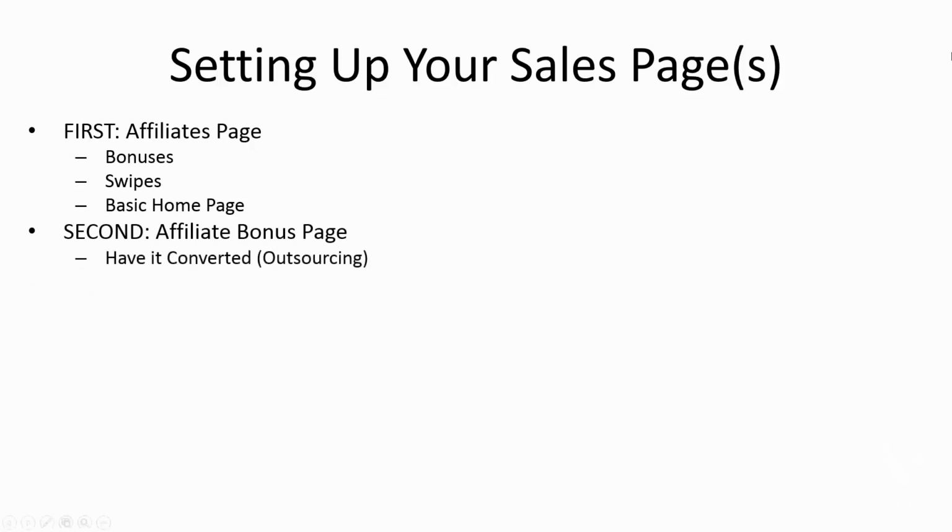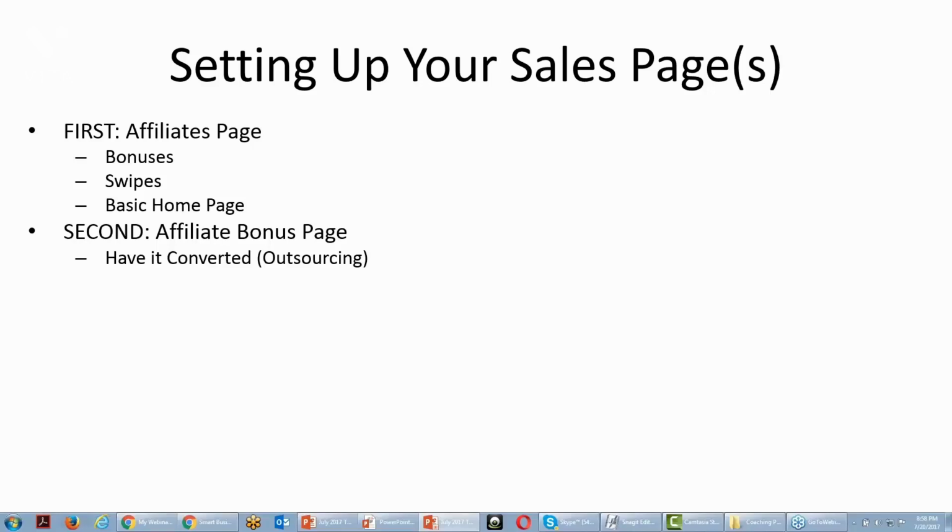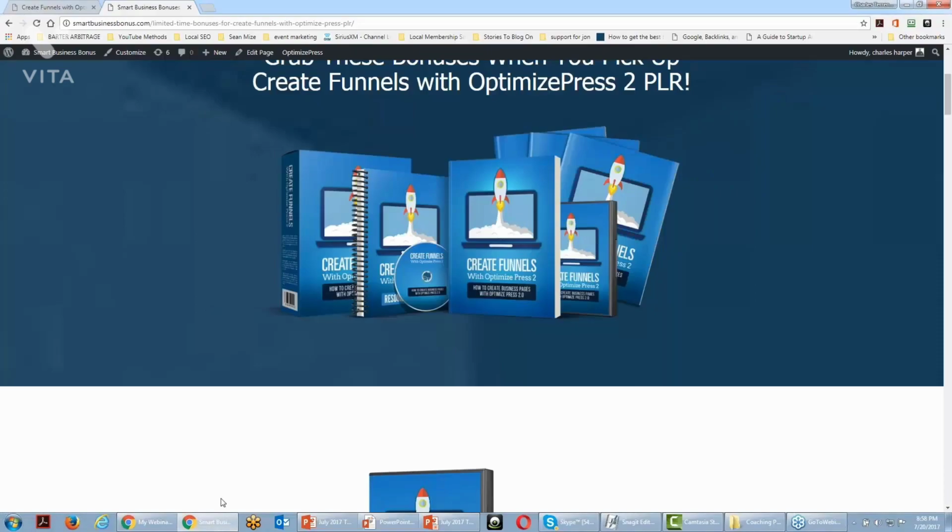Now, there is one thing I want to tell you about this: some affiliates do not have WordPress and they don't want to use your bonus page. So you're going to have your bonus page converted to HTML. I know a guy that does it for me for $15, and he's happy to get it, so it's not a lot of money.